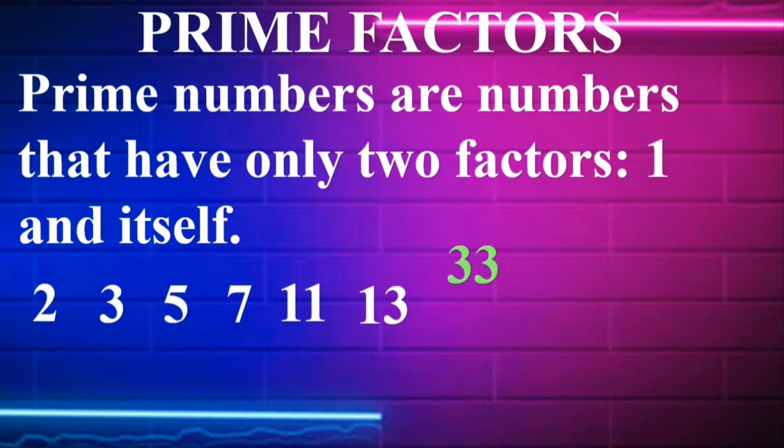Can 3 divide 33 with no remainder? Of course, yes. 33 divided by 3 is 11. 3 is a prime factor of 33, and also 11 is a prime factor of 33. There are no other prime factors. The prime factors of 33 are 3 and 11.